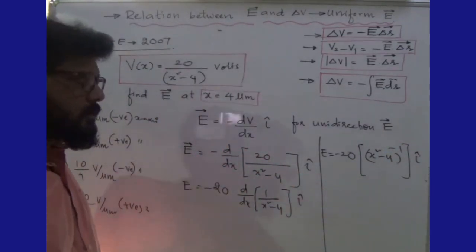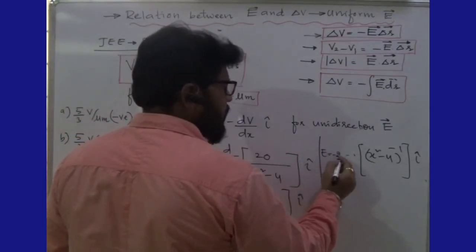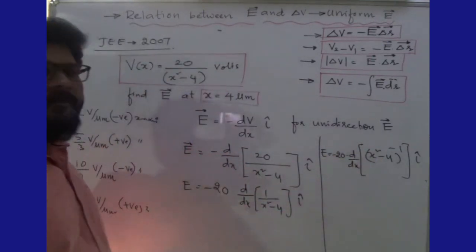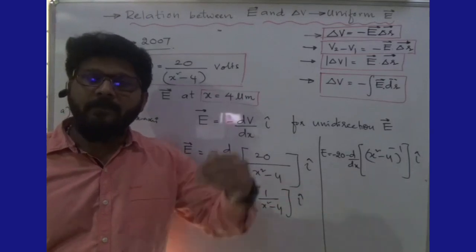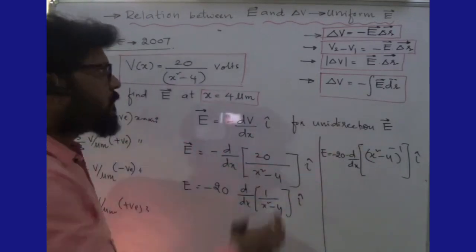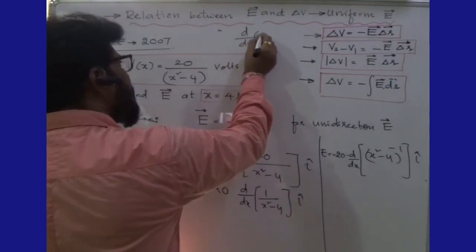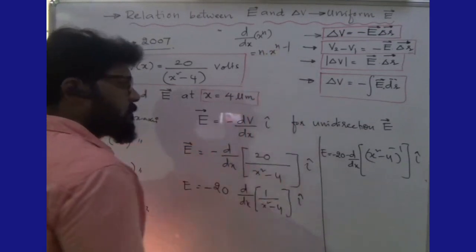So you know that d/dx of x to the power of n can be written as n into x to the power of n minus 1.